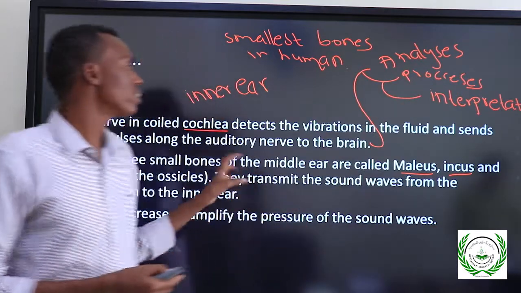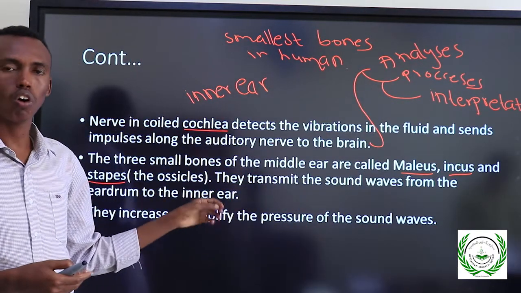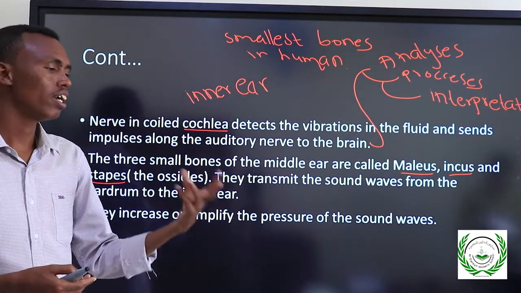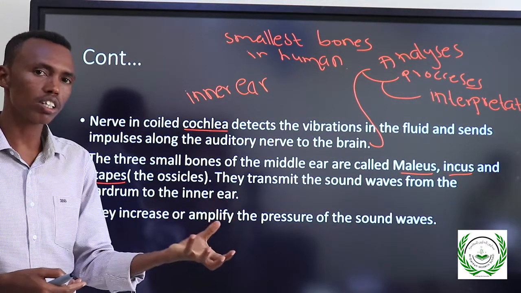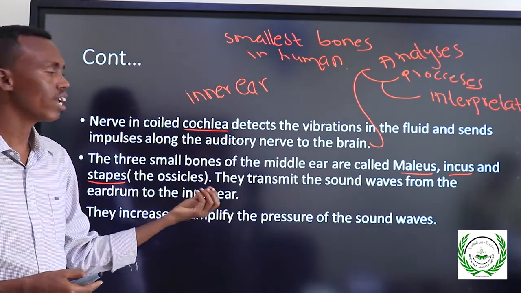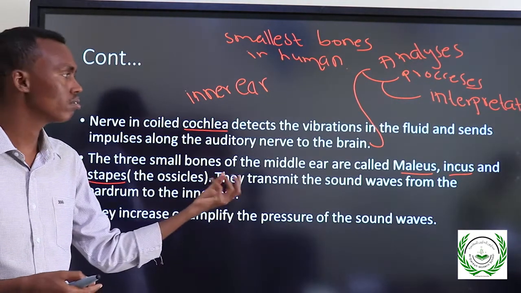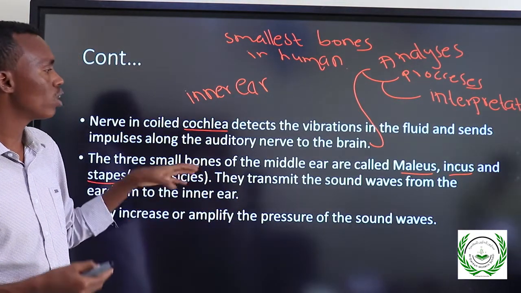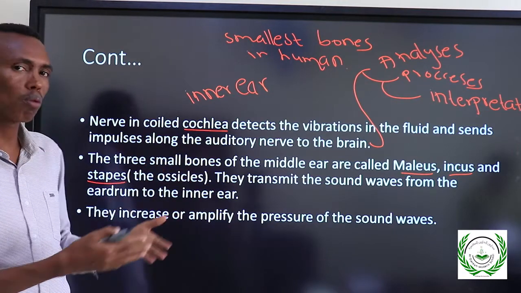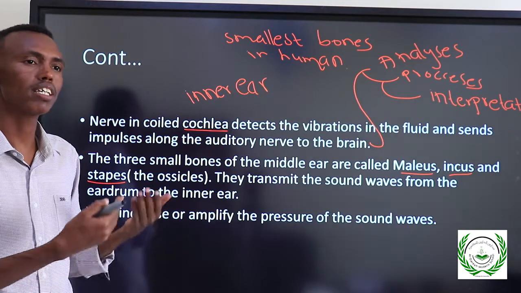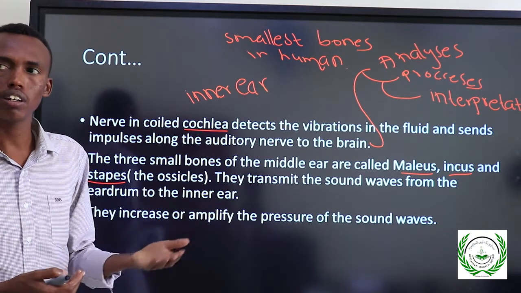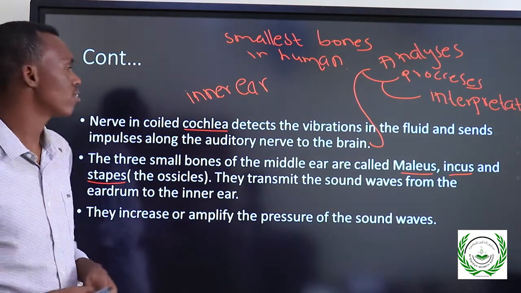When the sound wave reaches the eardrum, it creates vibration. This vibration is then transmitted to the inner part of the ear. These small bones do that function: they transmit the sound waves from the middle ear to the inner ear.